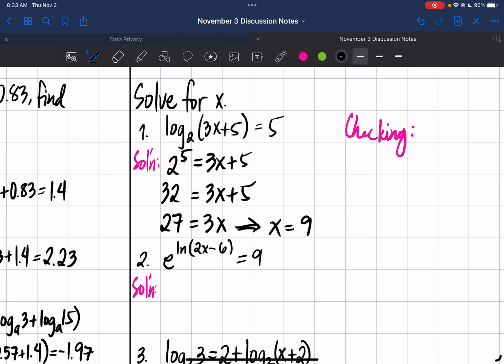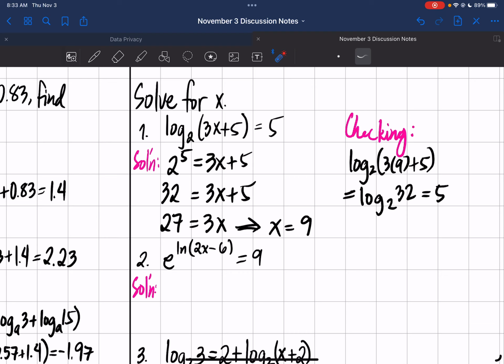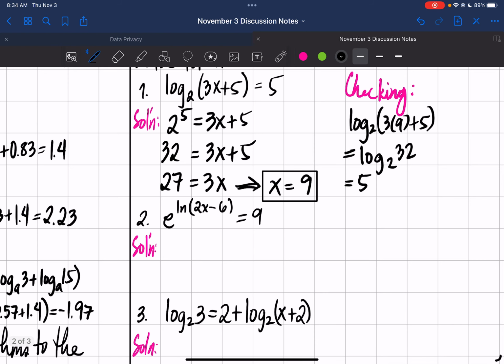We have here log of 3 times 9 plus 5 base 2 equals, this one, class, is 3 times 9, 27 plus 5, so 32. Log of 32 base 2, and this one equals 5. So our equations match. So this is really its solution. So let's go to number 2.